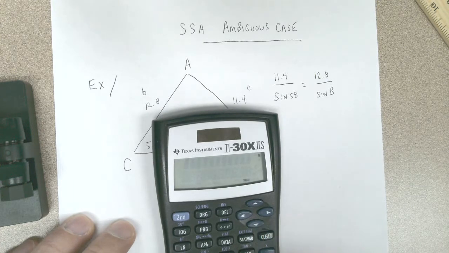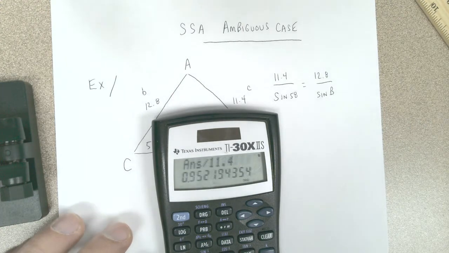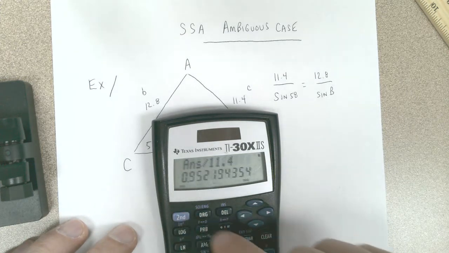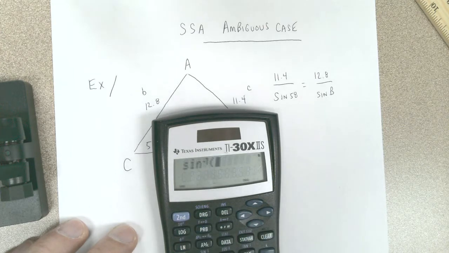So I'm going to do the sine of 58 times 12.8, and then divide that by 11.4. Then I'm going to do the inverse sine of that to find B. I do inverse sine, my second answer, and then enter.